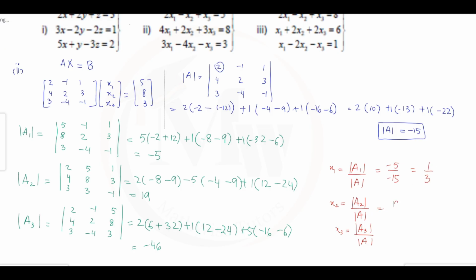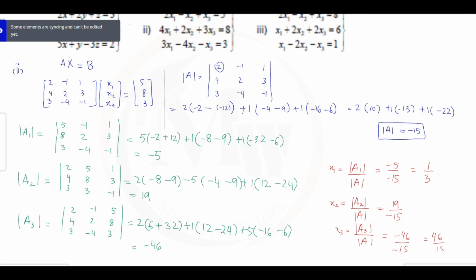Second is 19 over minus 15. That's the answer. And the third one is minus 46 over minus 15, which is 46 by 15. So these are the values of the variables x1, x2 and x3 which we need to determine.